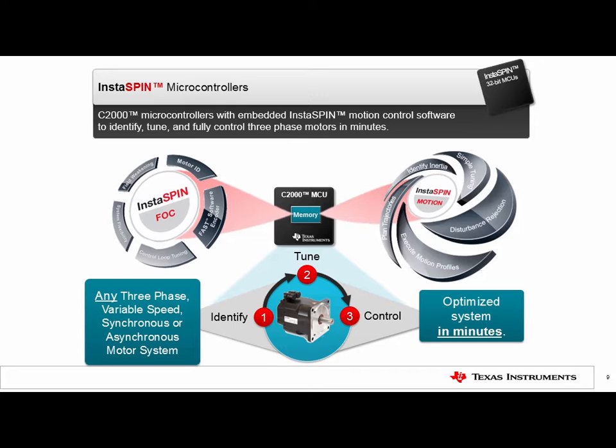The InstaSPIN-FOC includes the FAST software, which eliminates the need for a physical sensor and removes manual tuning challenges. InstaSPIN-Motion builds on FOC and adds the SpinTAC technology, which enables accurate speed and position sensing using either the FAST encoder or a rotor sensor.